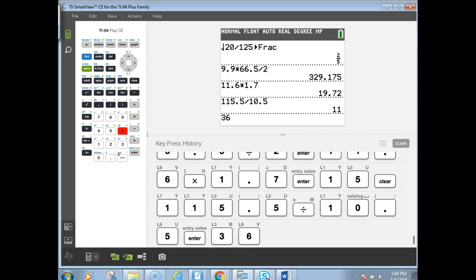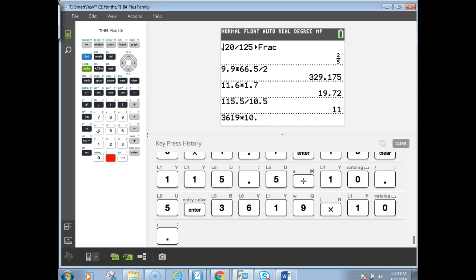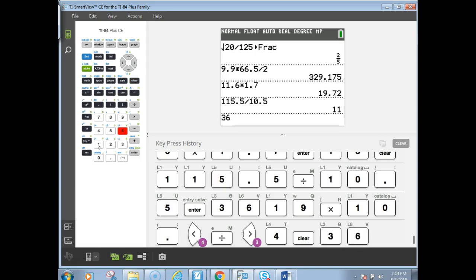I need to have my worksheet here because I keep losing my numbers. Okay, 3,619 divided by 10.4.